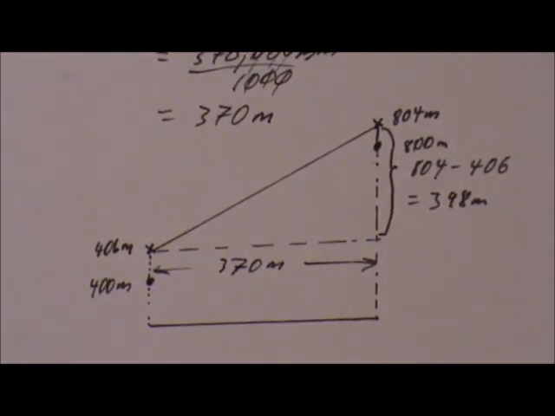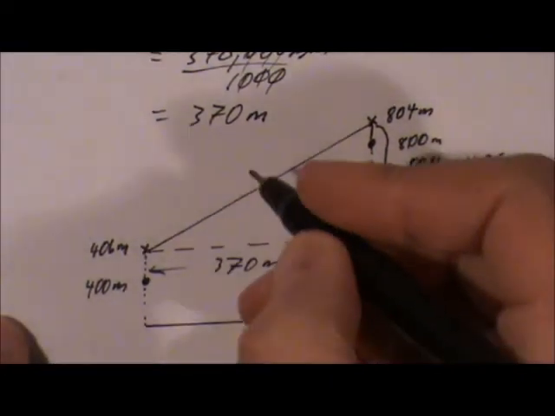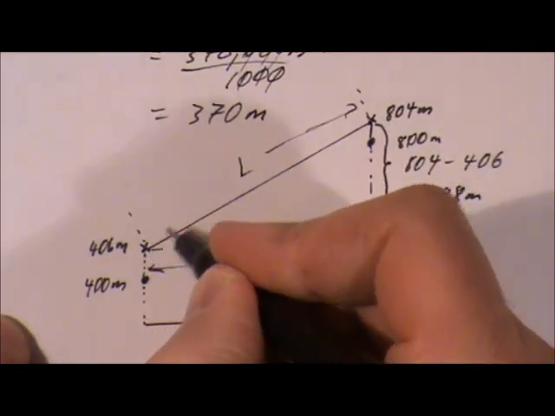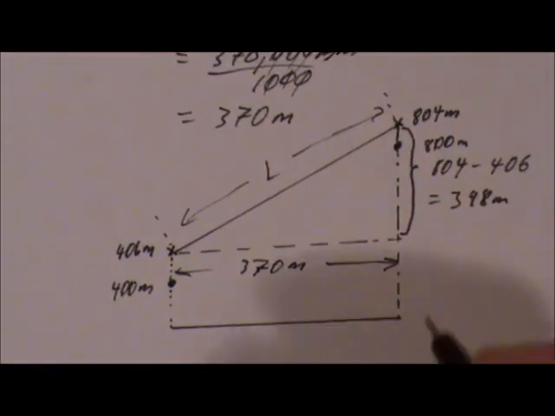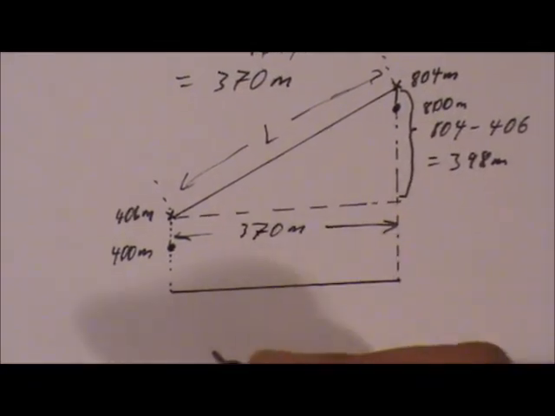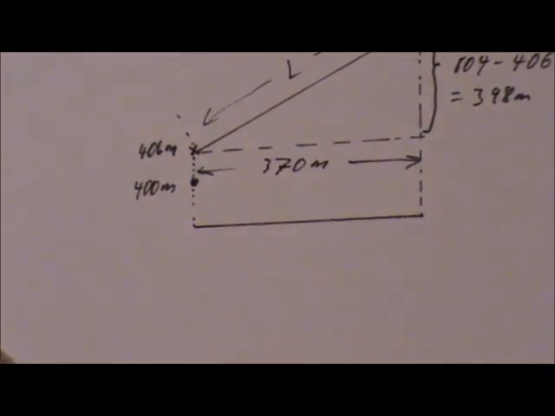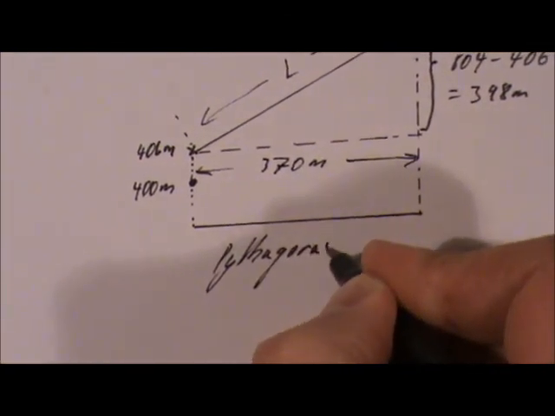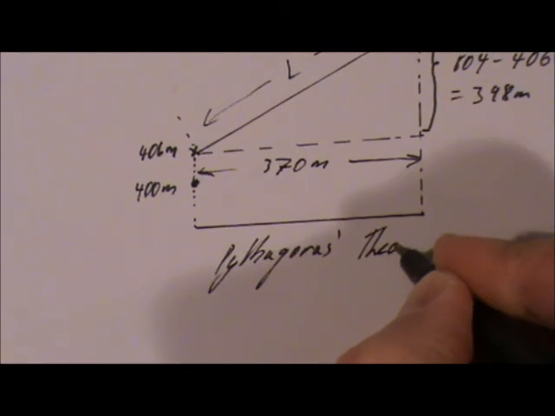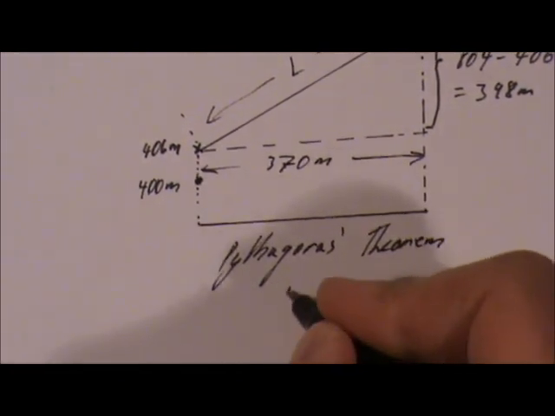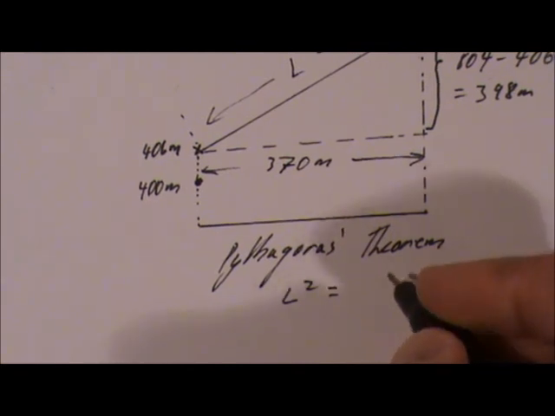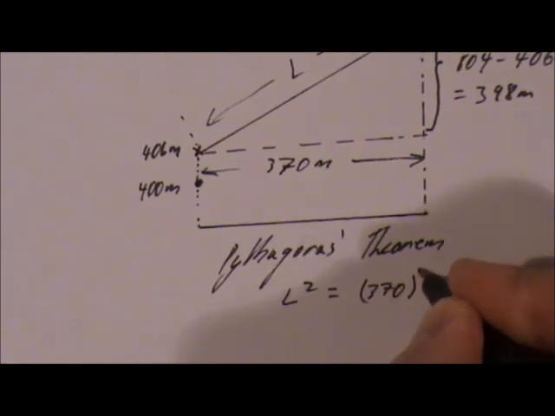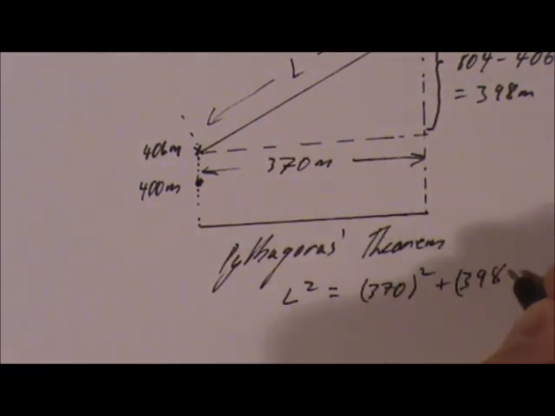Okay, so now we can actually determine the length of the power line. There's various ways we can do this. Probably the simplest way is to use Pythagoras' theorem, which says L squared is equal to the base, which is 370 meters squared, plus 398 meters squared.